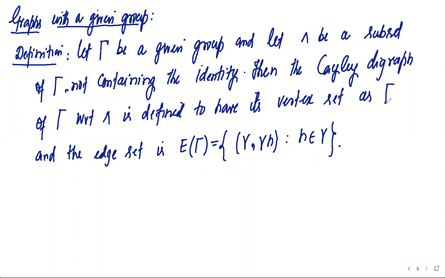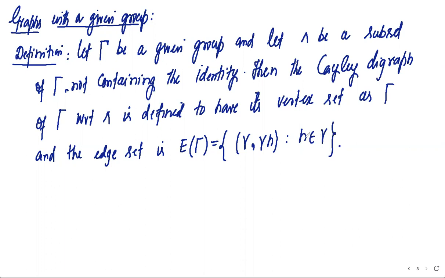The vertices of this graph are all the elements of the given group gamma, and there is an edge from some gamma into gamma h, and gamma h is also an element of gamma, because gamma h is actually the composition of two elements of gamma.